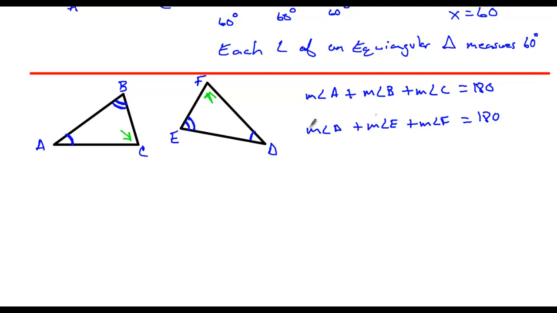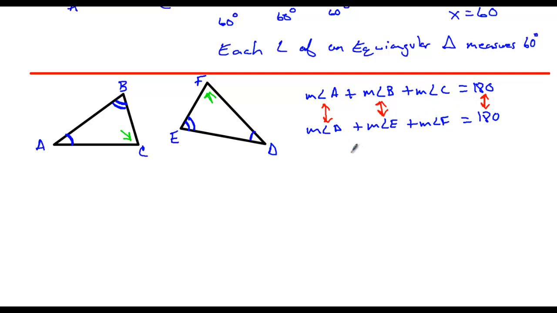But we know that these two angles are congruent to each other because they're marked congruent, so I could just swap them in and out for each other. We know that these two angles are congruent for each other, so I could just swap them in and out for each other. And I know that 180 is the same thing as 180. So the only thing in these two equations that could be different would be these two things.